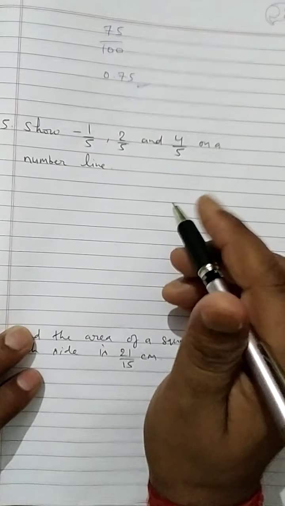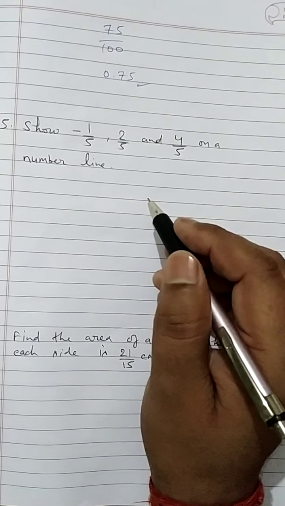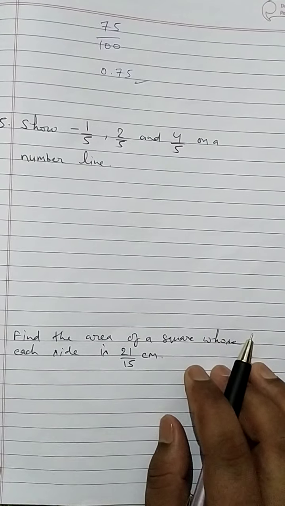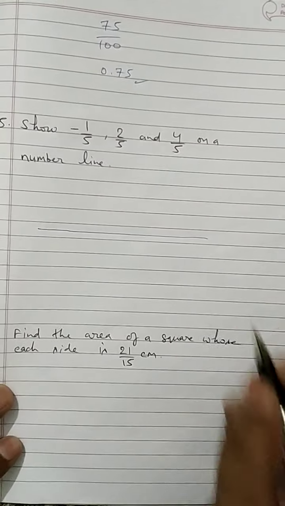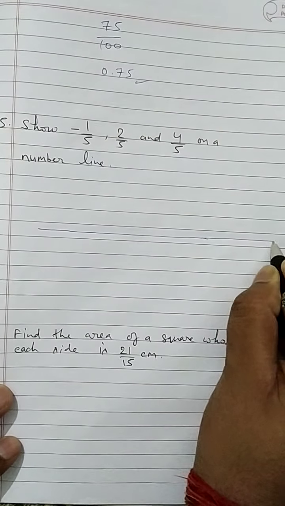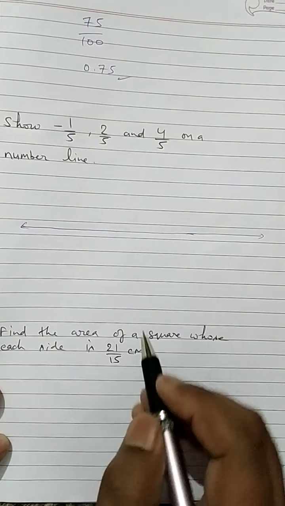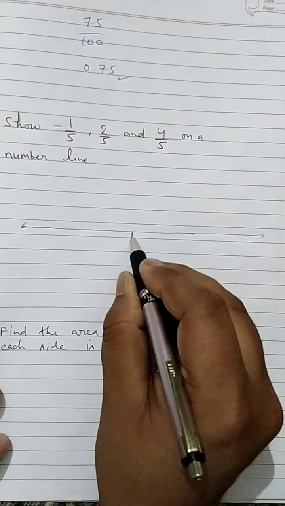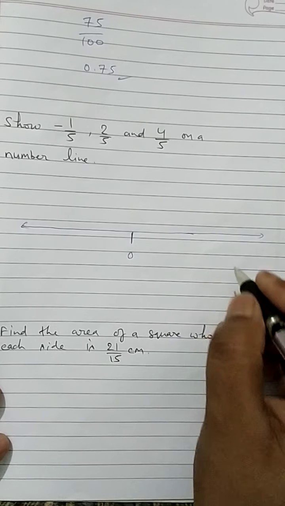Okay, now our next question is, show minus 1 upon 5, 2 upon 5 and 4 upon 5 on a number line. Okay, this is a line. The negative numbers will be shown on the left of 0 and the positive will be shown on the right of 0.